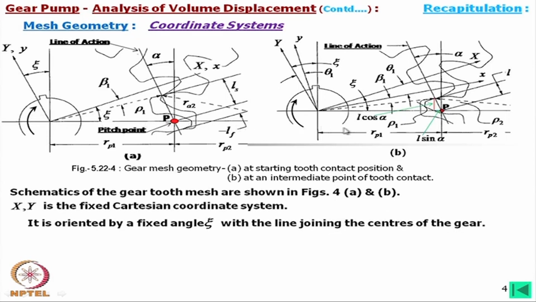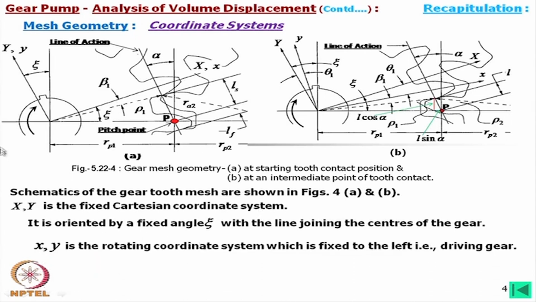Now, we must know what this angle is. Then we have considered another axis system, small x y, which is fixed to the driving gear. The small x y axis passes through the middle of the tooth with which the contact has just started.